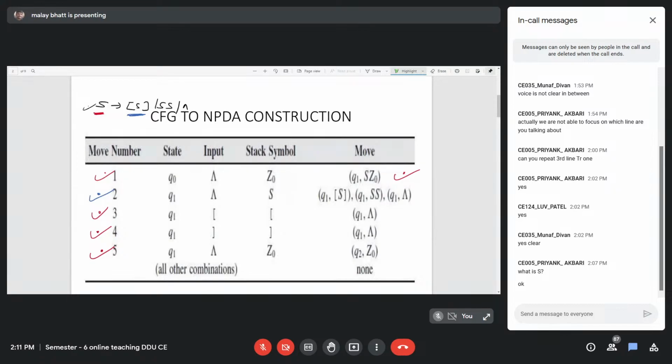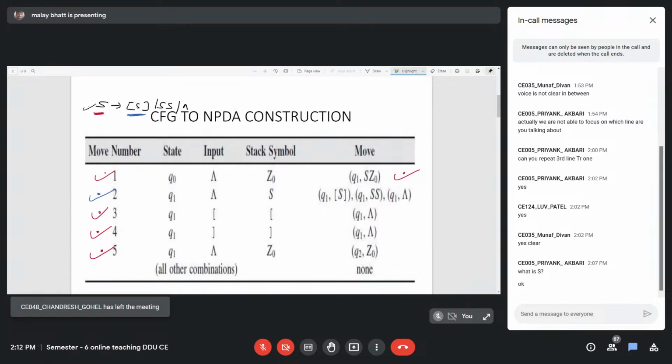So we'll write Q1 within bracket S, Q1 SS, and Q1 null. We have three alternatives and we are writing all three here. It is applicable to all the non-terminals of the grammar.